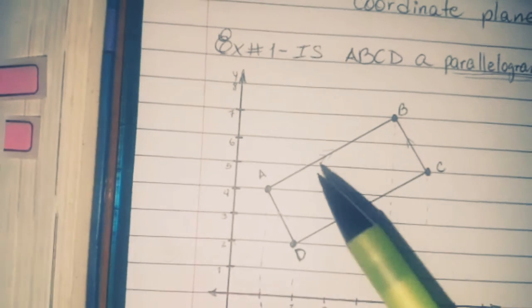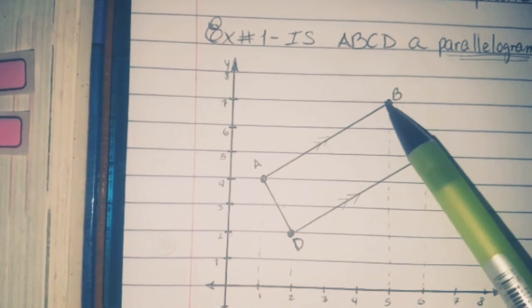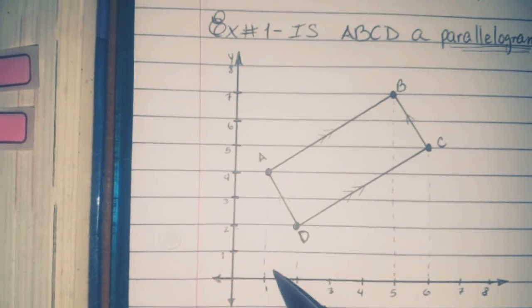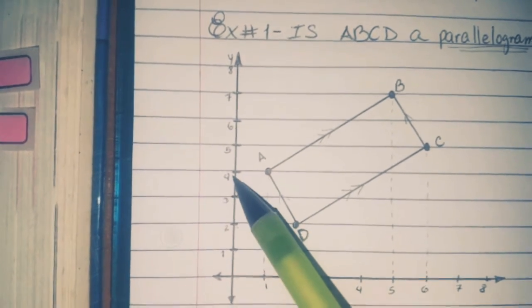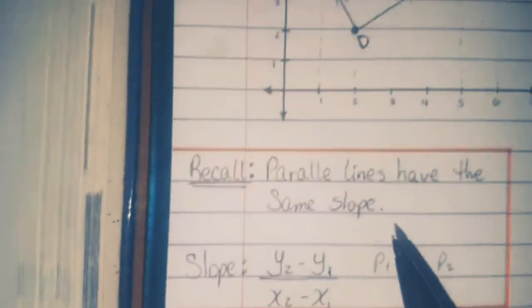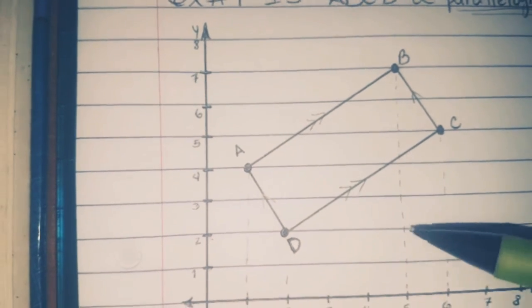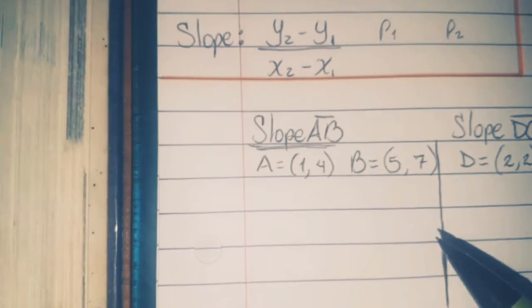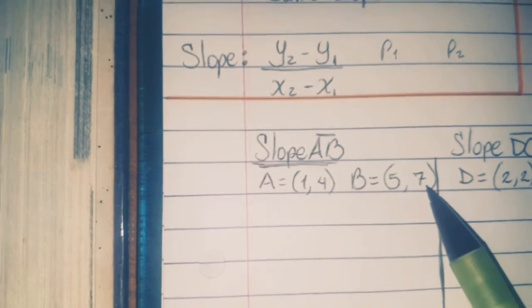The first two I'm going to compare are AB and DC. The coordinates of A are 1, 4. The coordinates of B are 5, 7.